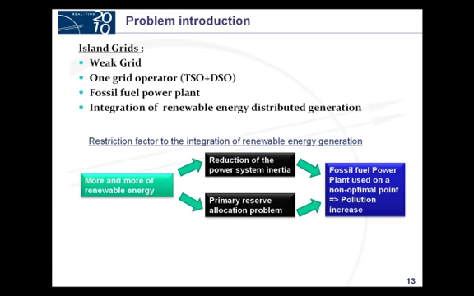So as you have more and more renewable energy, the power system inertia decreases, and you have a problem of primary reserve allocation. So the effect is that the fossil fuel power plant are used on a non-optimal point, and the pollution increases a lot.